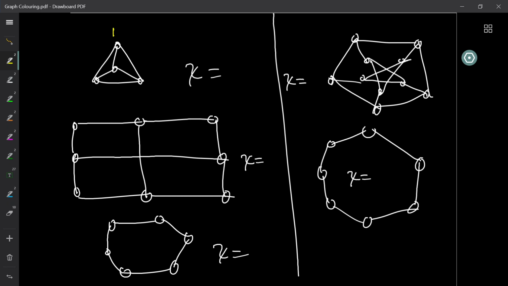Then its neighbors cannot get color 1, so this must be, let's say, 2. Now 1 and 2 are both adjacent to this vertex, so this must be 3. And since the graph is complete, all these 3 are adjacent to this vertex, so this must get a different color. So we need at least 4, and we have a coloring with 4 colors, so the chromatic number is equal to 4.